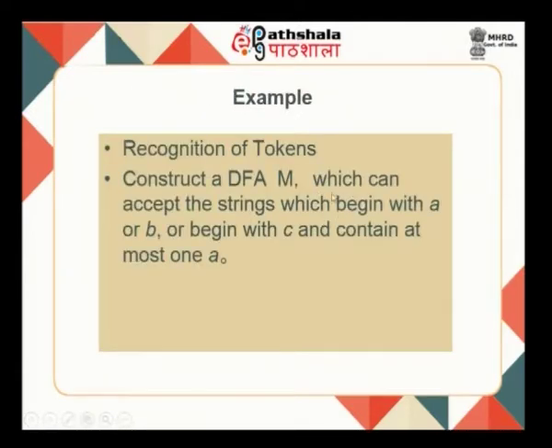Construct a DFA M which can accept the strings which begin with an A or a B, or begin with a C and contain at most one A. So what is the first string? It is an A or a B. And then after I see an A or a B, following that I can contain any number of A's or B's or C's. And the second one is if it begins with a C, it can have only one more A, but there is no restriction on B's and C's.